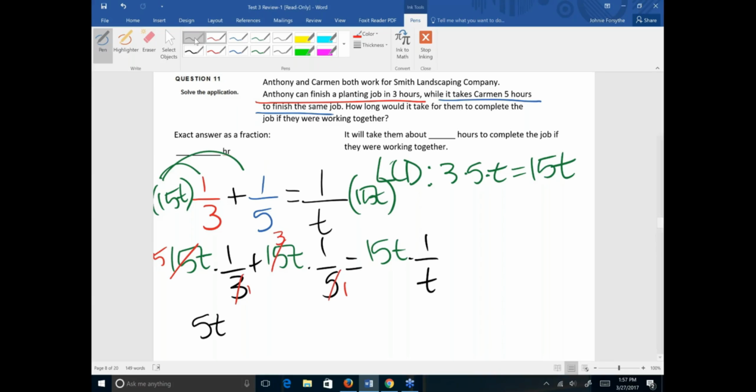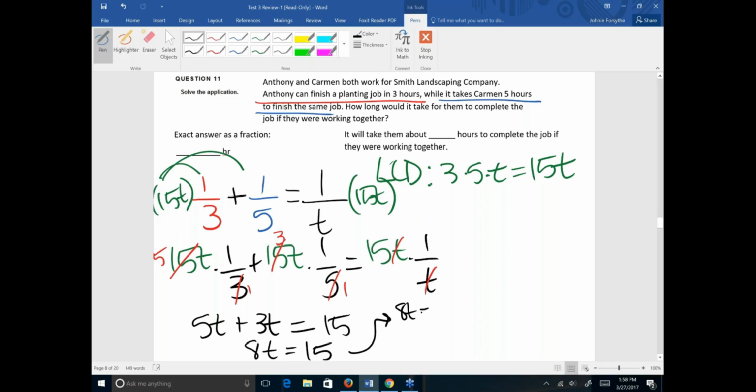So I have 3 times t times 1, so that's just going to be 3t equals 15t times 1 over t. t divided by t cancels out to 1. So I just have 15 times 1, which is 15. So 5t plus 3t is 8t equals 15.